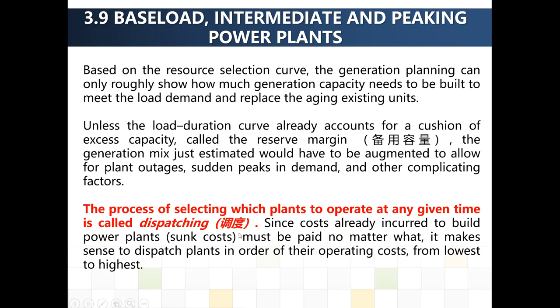Dispatching is a system operation function. Since costs already incurred to build the power plants must be paid no matter what, it makes sense to dispatch power plants based on their operating cost, in the order of their operating cost, from the lowest to the highest.